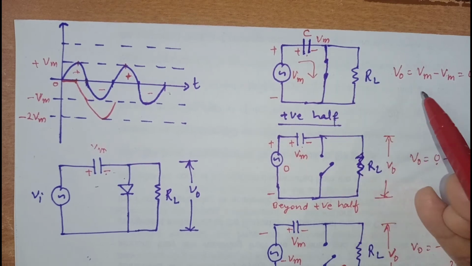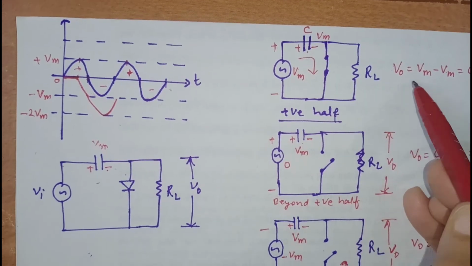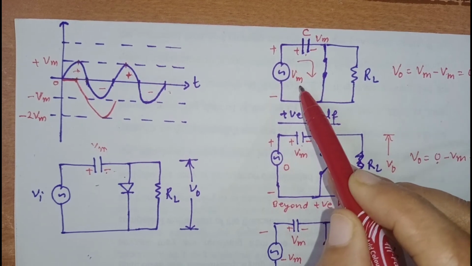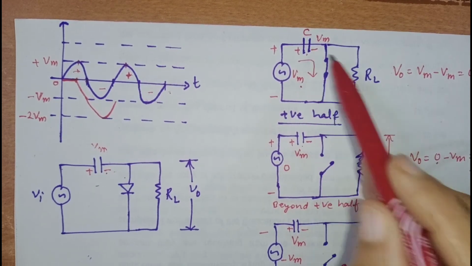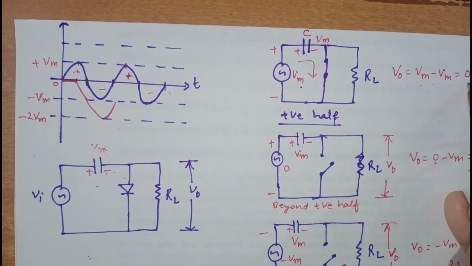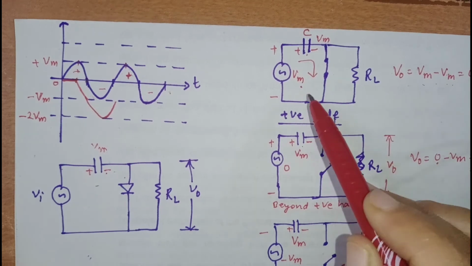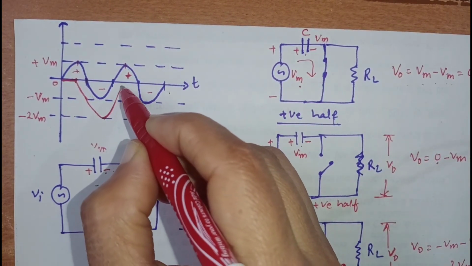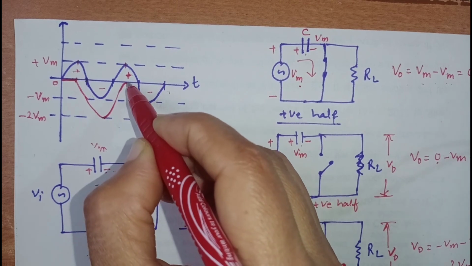So the output voltage at this instant of time will be Vm minus Vm equals 0 by applying KVL, because this is positive peak and this is charged up to Vm. So at this instant of time, this touches zero.